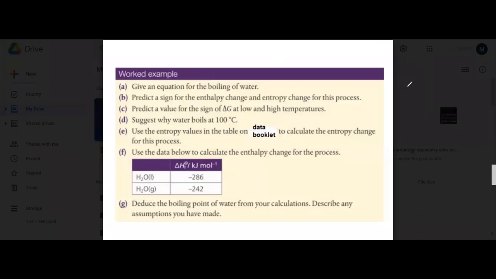So now I'd like to give you information about the entropy, to answer E. This is in joules per Kelvin per mole. Okay, please pause the video and try to answer this.